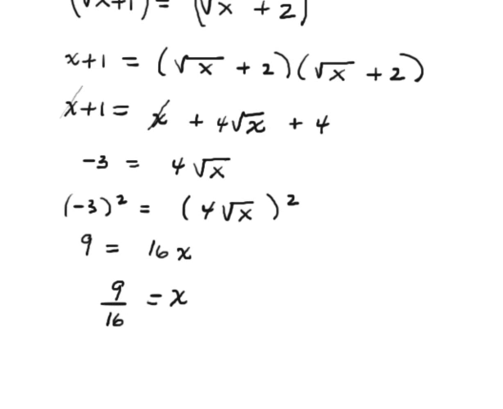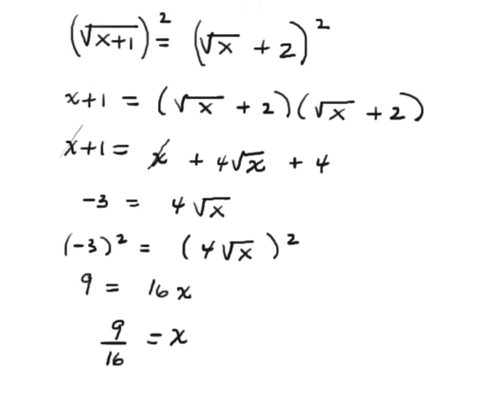Now, since we squared both sides, we must check. So we always, with radical equations, we always check our solution. At least, square root equations. So let's do that. So let's substitute back into the original. So we have the square root of 9 over 16 plus 1, minus the square root of 9 over 16.